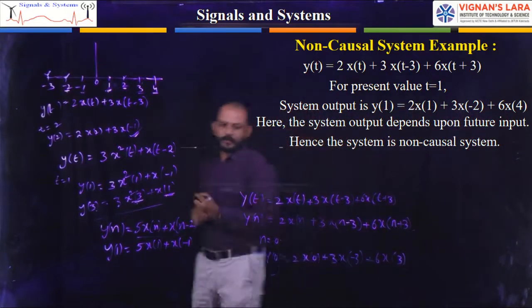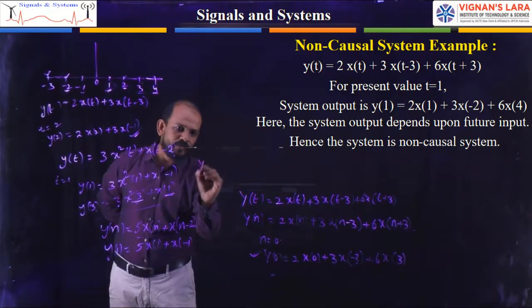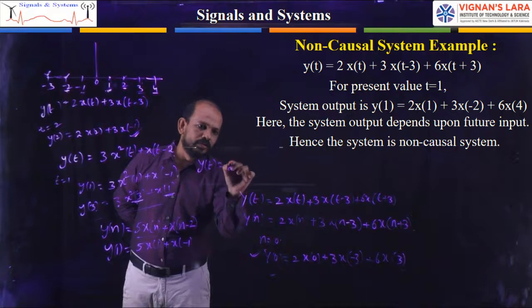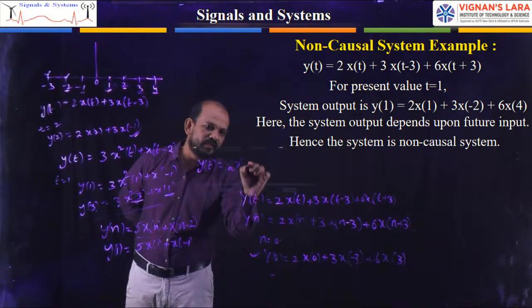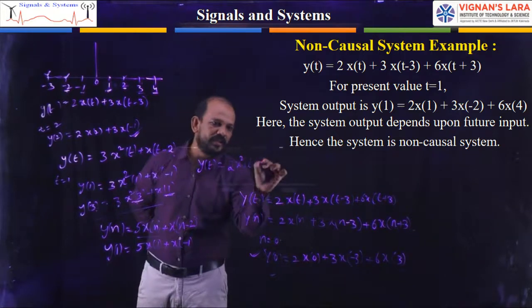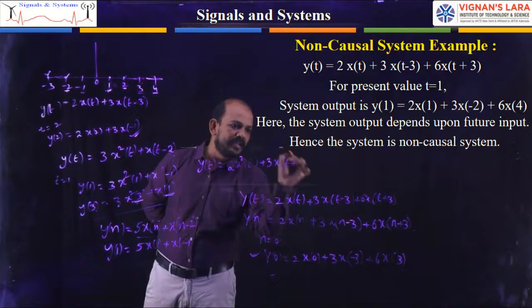Let us take another example with respect to discrete. Say y of t equal to 2 into x square of t plus 3 into x of t plus 1.